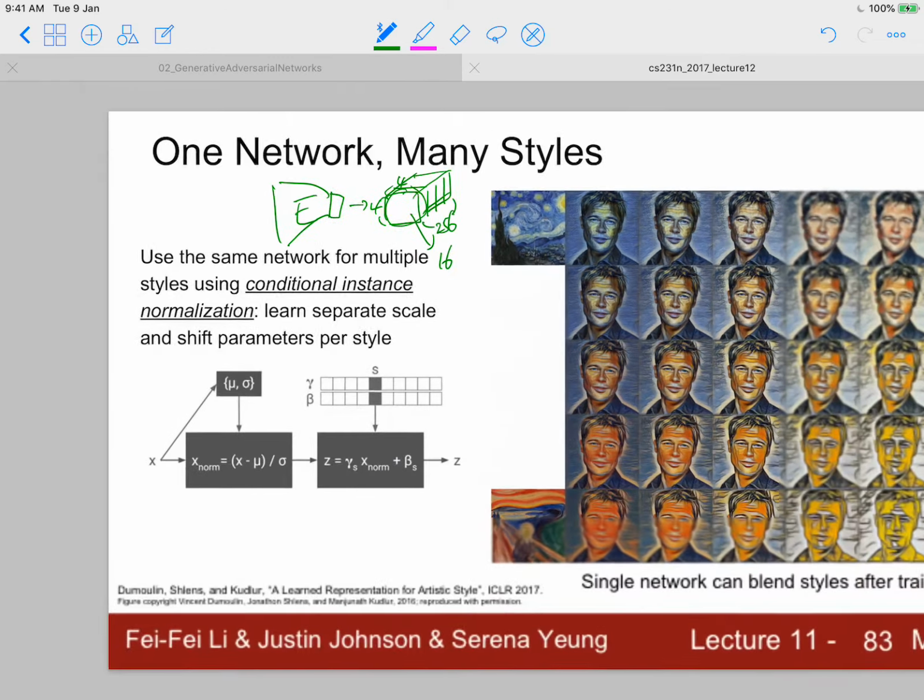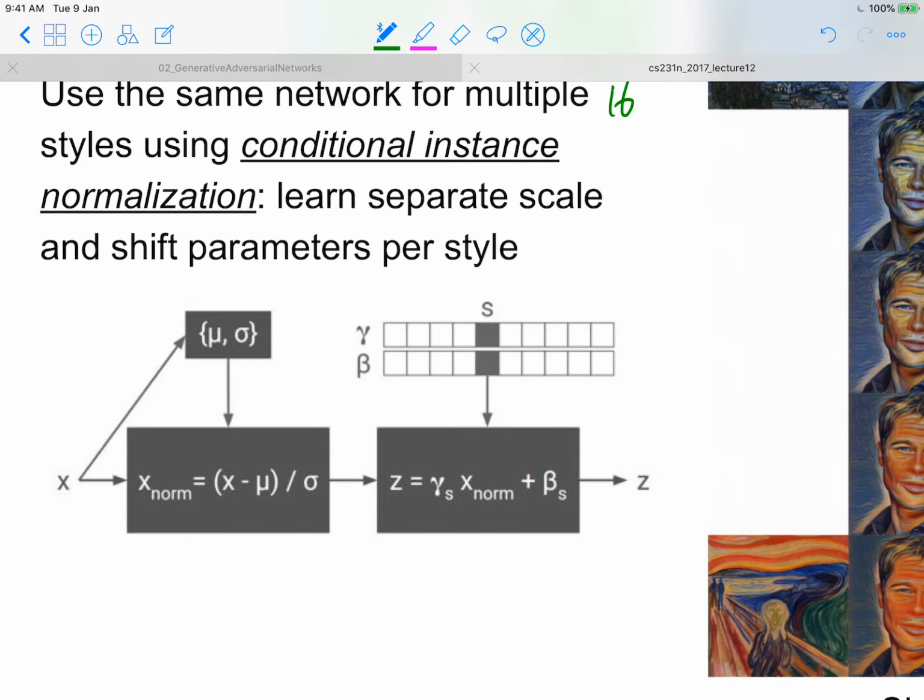Those values will be normalized using their own mean and variance, so that their mean becomes 0 and the variance becomes 1, which is just like the first step of batch normalization.